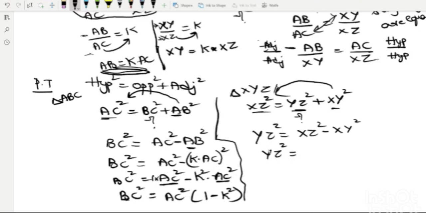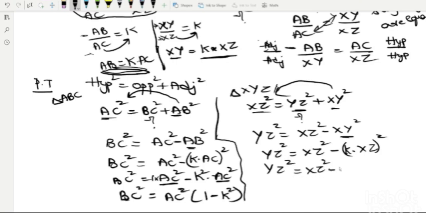YZ square equals, we know the value of XY is K into XZ. So we substitute the value here, and we get K into XZ whole square. So now this becomes YZ square equals XZ square minus K into XZ whole square.